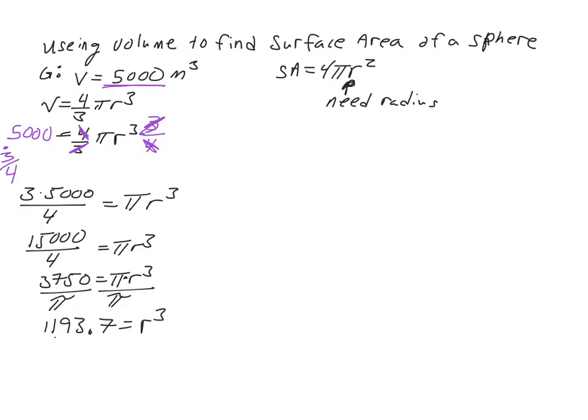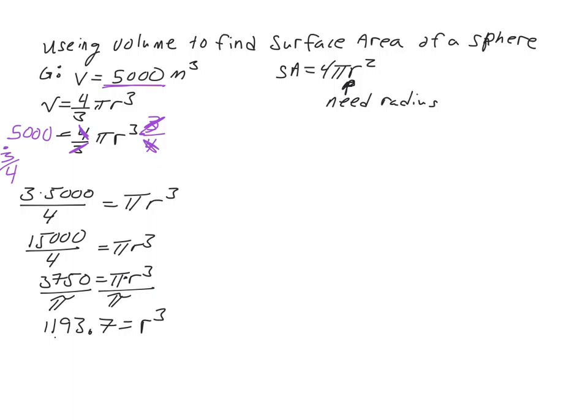Well, if I want my radius, what this is asking for is, what number multiplied by itself 3 times is equal to 1,193.7.